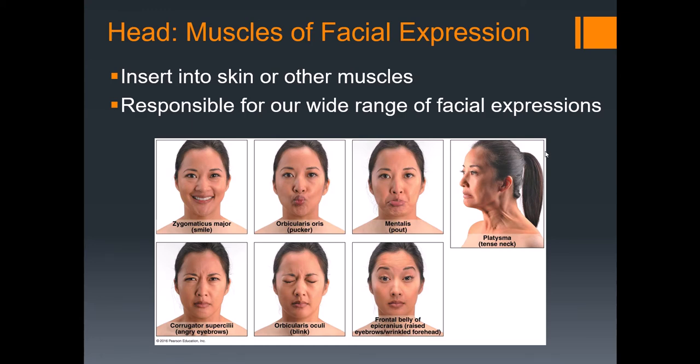The wide range of facial expressions that we have, the fact that we can smile and pout and show surprise and look angry, all of those expressions that run the whole gamut of our emotional life on our faces, can show up on our faces due to all of these different facial expression muscles.